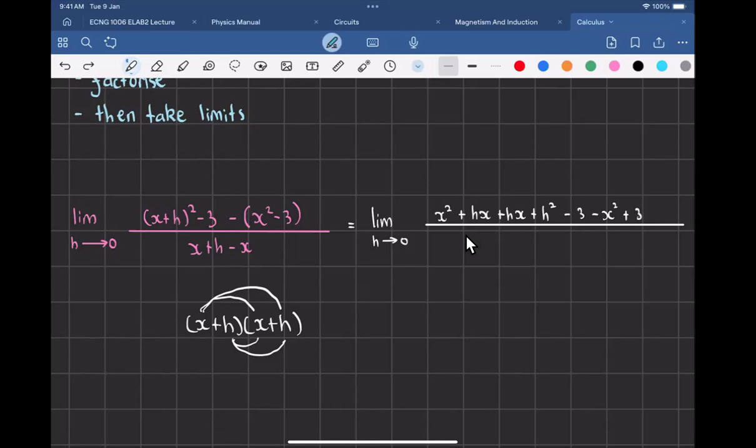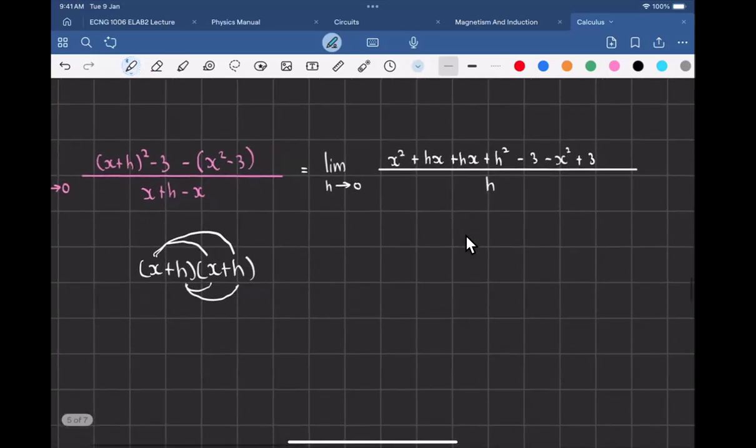Check it out: what would 5 minus 5 be? 0. So what would x minus x be? It's just h on the bottom. Just h.